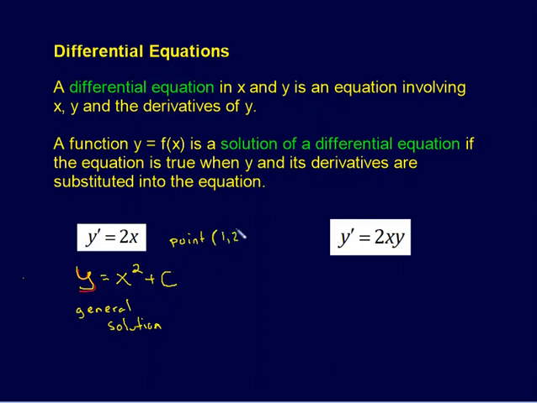If I knew the point was (1, 2), we'd plug in the 1 for x and get 1 squared plus c equals 2, and we'd figure out pretty quick that that constant is 1, right? So if I use the point (1, 2), we would end up with the solution y equals x squared plus 1, and this is called a particular solution.